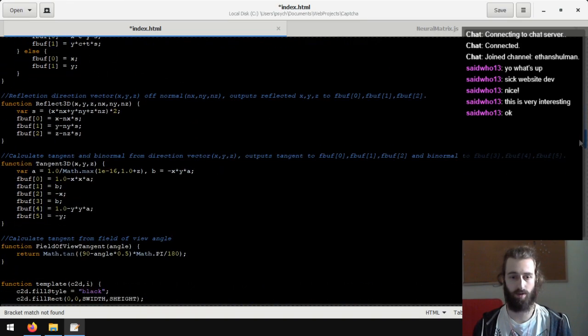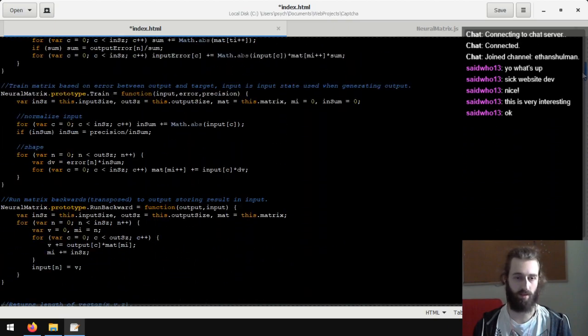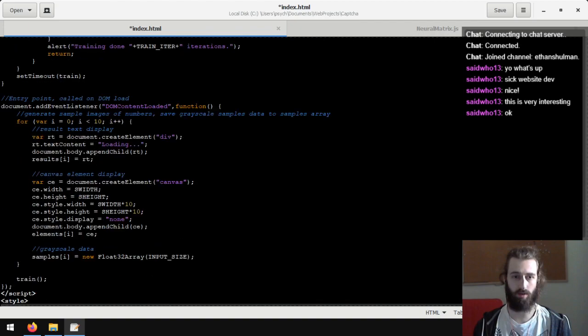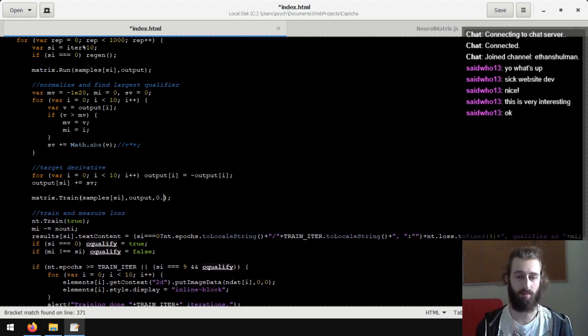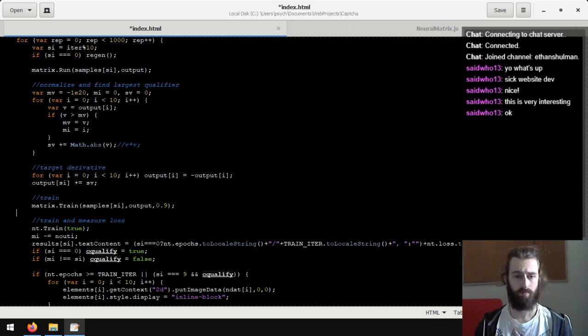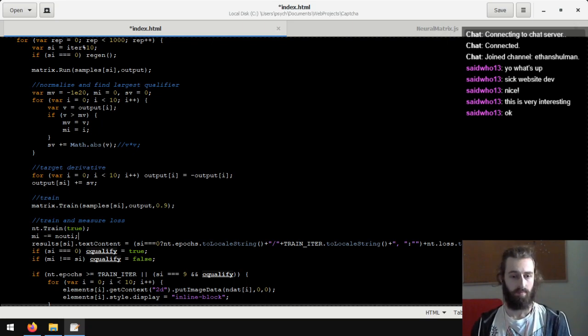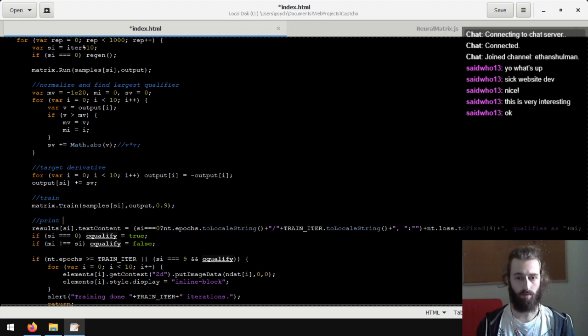It's input, output, error, precision, I think. Input, error, precision, okay. And then we can mess with different precisions here. I'm going to go with 0.5 to begin, or maybe 0.9 to make this go fast. And then we print results.